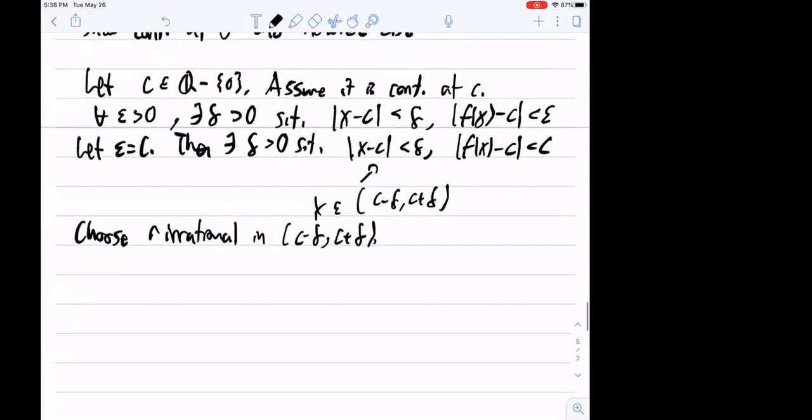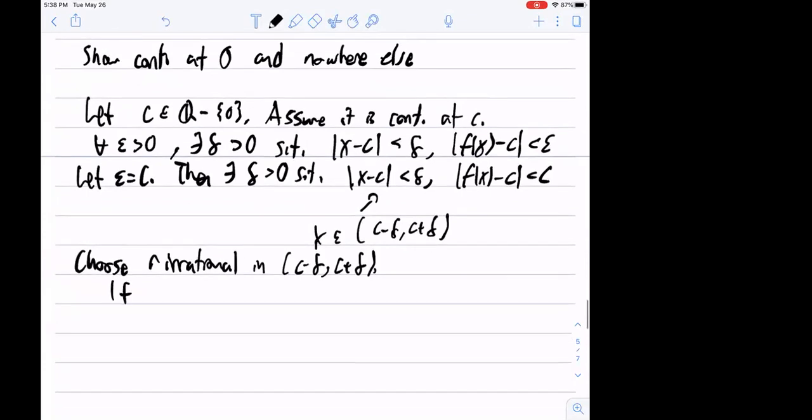Then what is f of r minus f of c? It equals 0 minus c, which is, let me be more clear, the absolute value of c, because c can be negative.